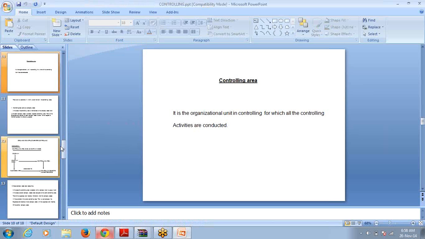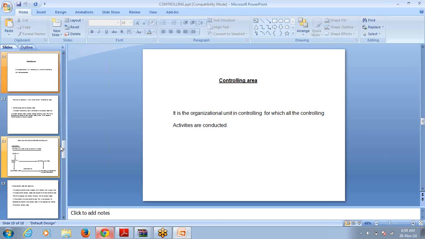Now, for controlling also, you have to maintain an organizational structure, just as we have maintained the enterprise structure for FI. Only four: administration overheads, factory overheads, sales and distribution overheads, and research and development overheads.